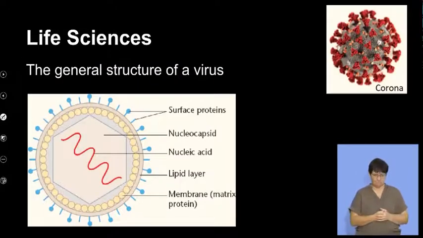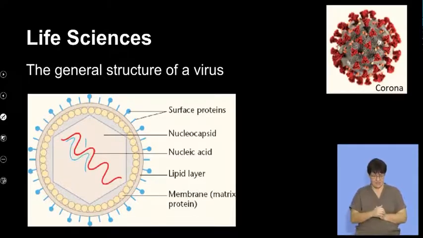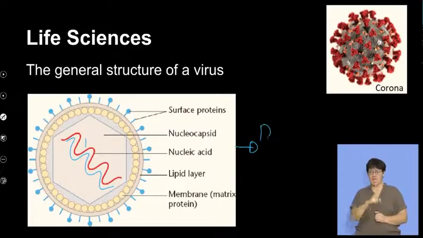Now, when we looked at the structure, you don't have to know the whole thing of the virus, but we looked at 3 things in particular. In the middle, there is this DNA over here. All viruses have either DNA or RNA. It's called nucleic acid, and it's DNA and RNA. All our other microorganisms only have DNA.